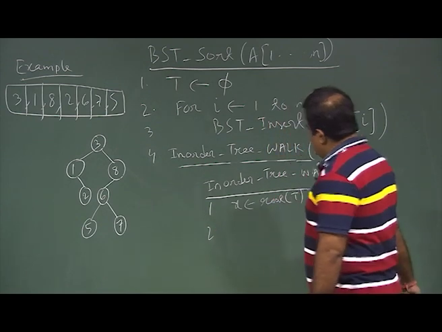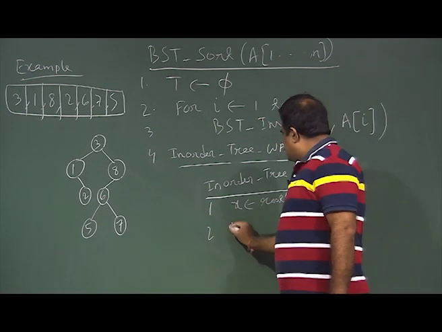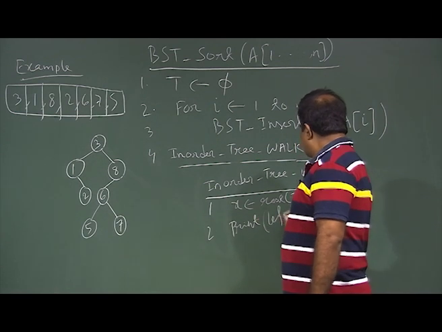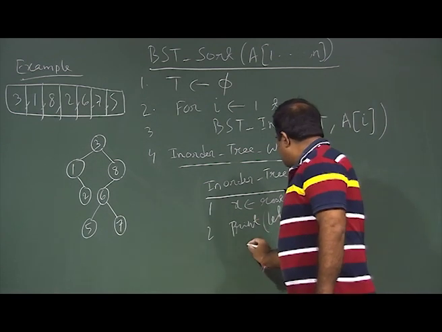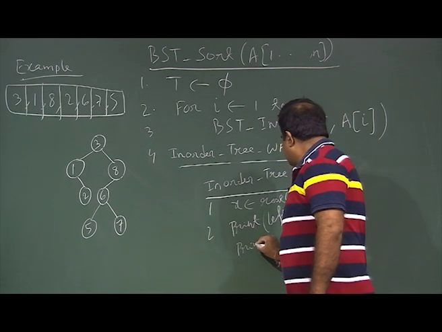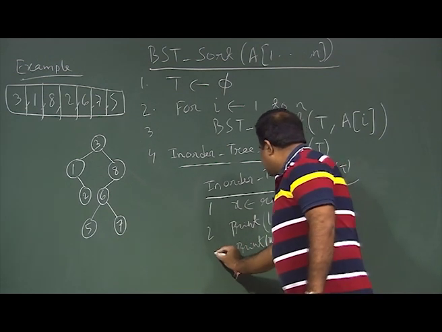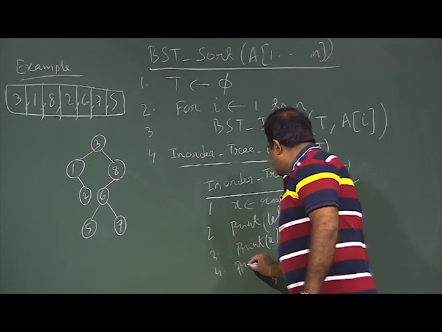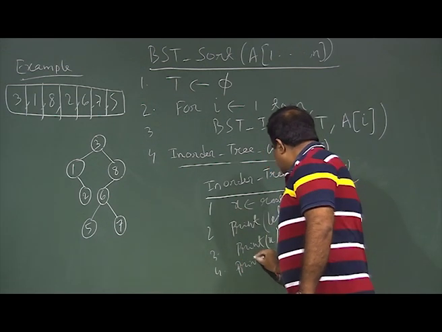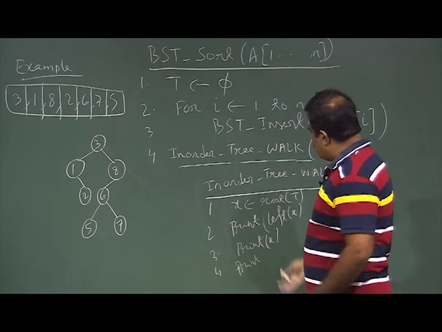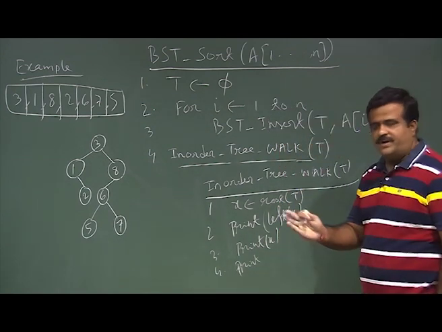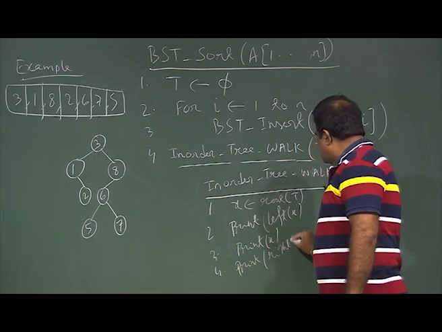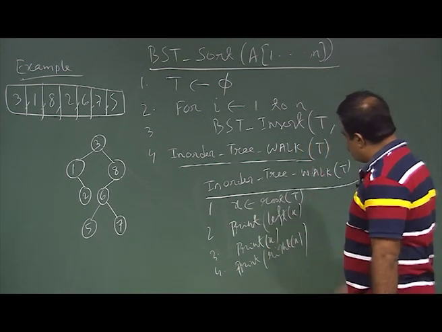We first traverse the left part, the left of x, then we print the root, and then we print the right of x. Print means we again call the in order tree walk. So we do this until it has no child, then we print it. Print right of x. Print means this is basically in order tree walk again.